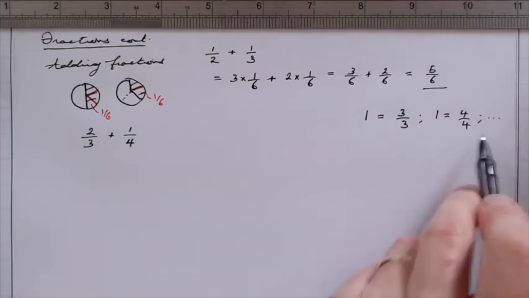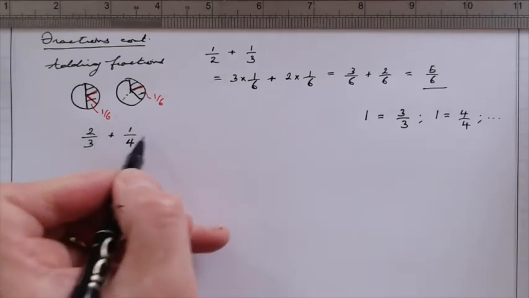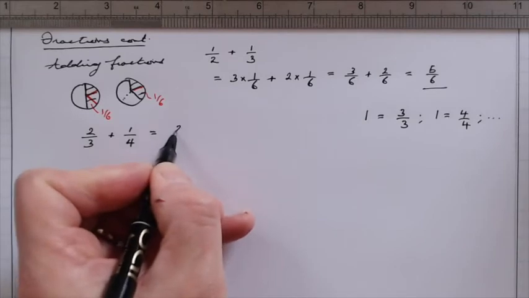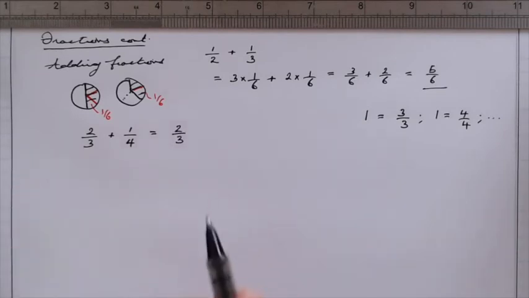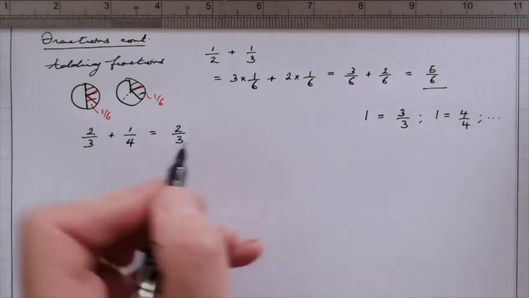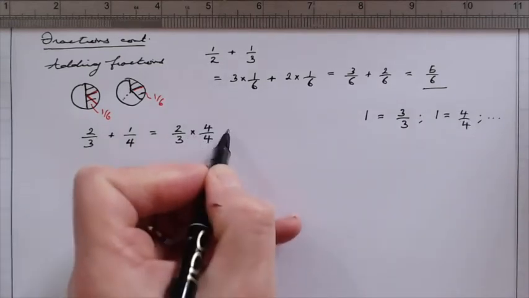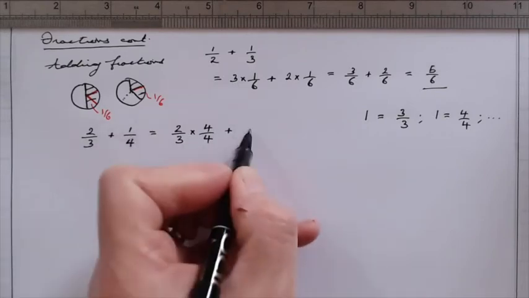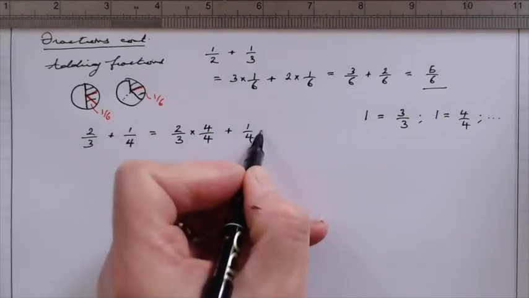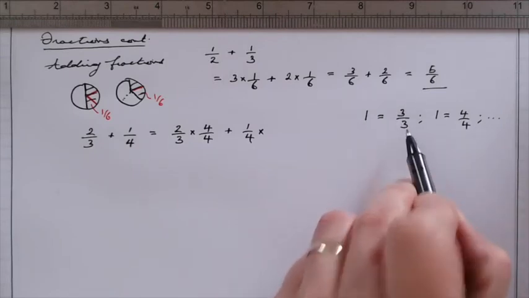And that's actually one way to think about this. We can multiply 2/3 by 1, but we're going to write 1 as 4/4. And then this fraction 1/4, we're also going to multiply that by 1, but we're going to choose 1 in the form 3/3.